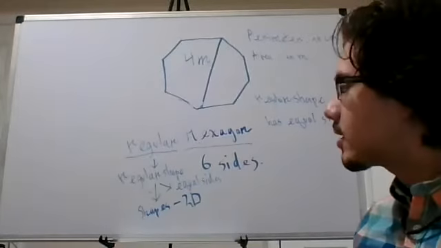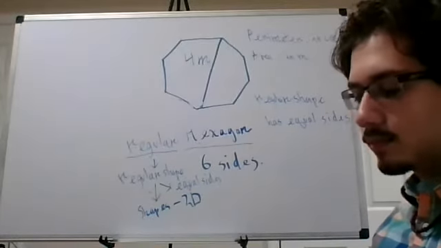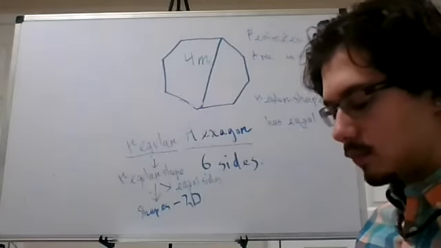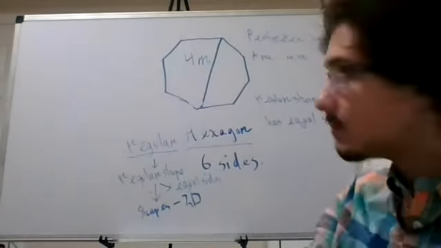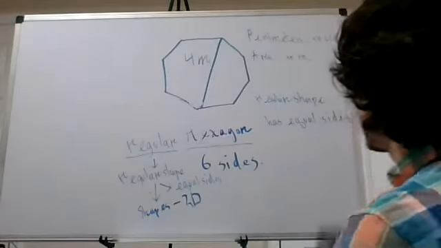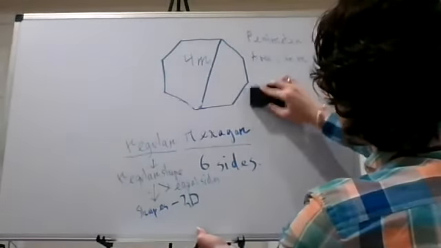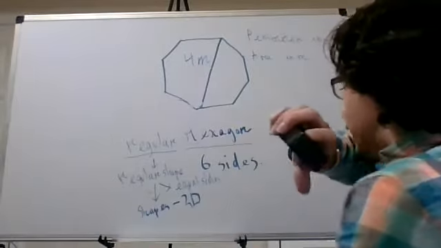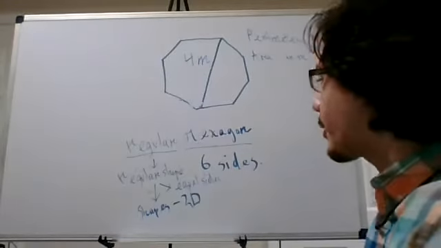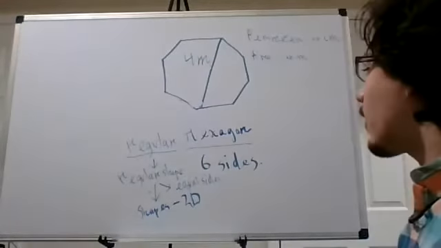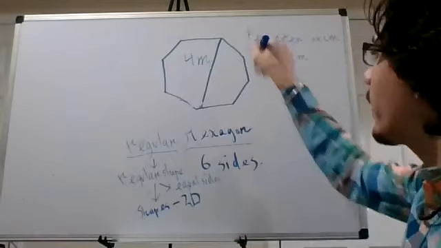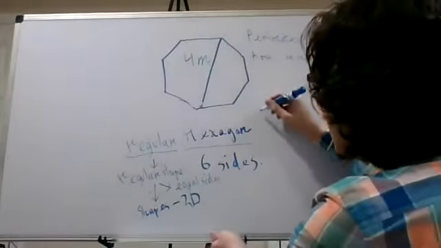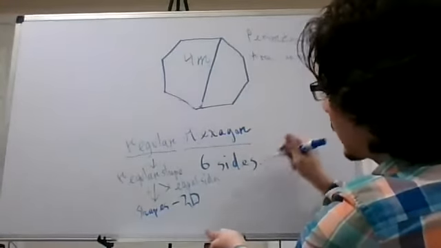Does anybody have any questions so far? Yes, sir. Okay. So far, what we know is that we have a perfect hexagon, or a regular hexagon, which means that a hexagon has 6 equal sides.